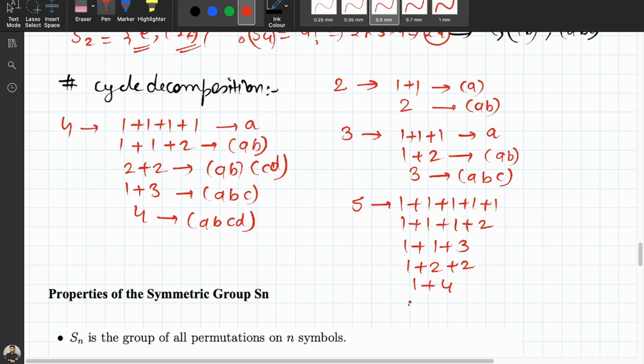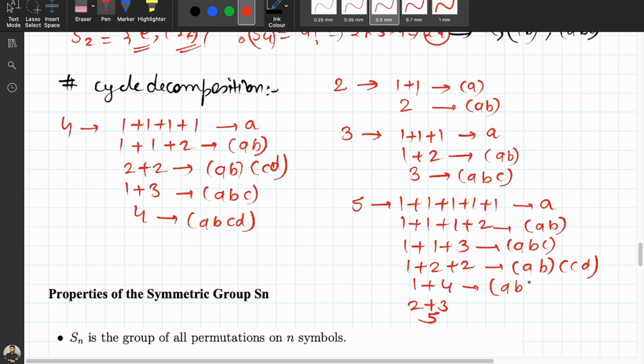Yes, you can also write 2 plus 3 and then 5. So it means A type element, AB type element, ABC type element, from here AB, CD element, from here AB, C, D type element, from here AB, C, D, E type element, and A, B, C, D type elements will be there.